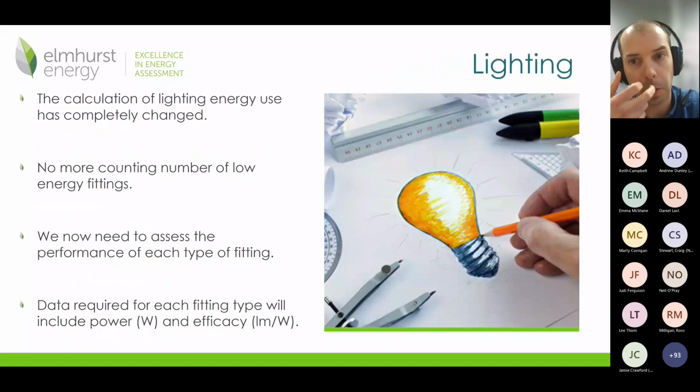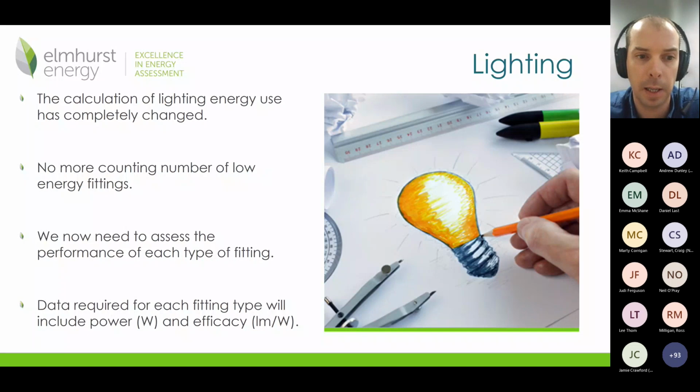Lighting's changed. This is quite a significant change for SAP assessors as an industry. So previously, we used to simply count the number of fittings and say how many were low energy, and the percentage of that would then be worked out into energy savings. But it was deemed that most, if not all, light bulbs are low energy now. So just saying one is low energy is a bit ambiguous. We need to go into a bit more detail than that.